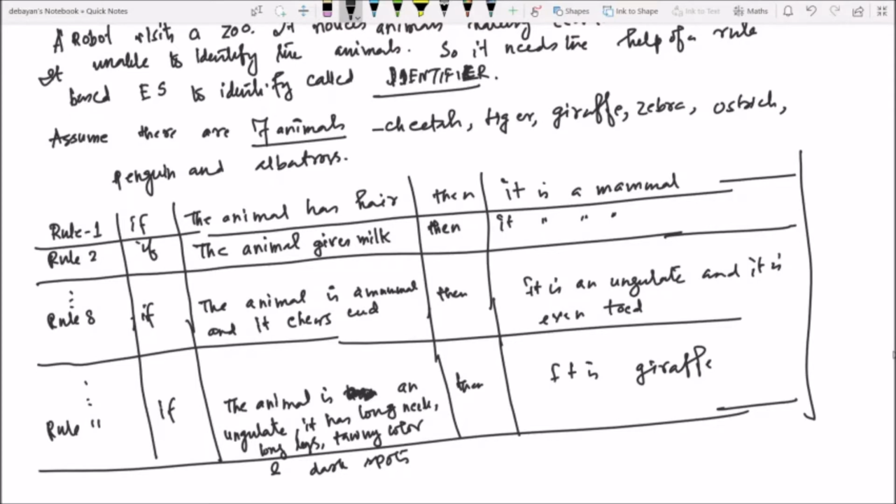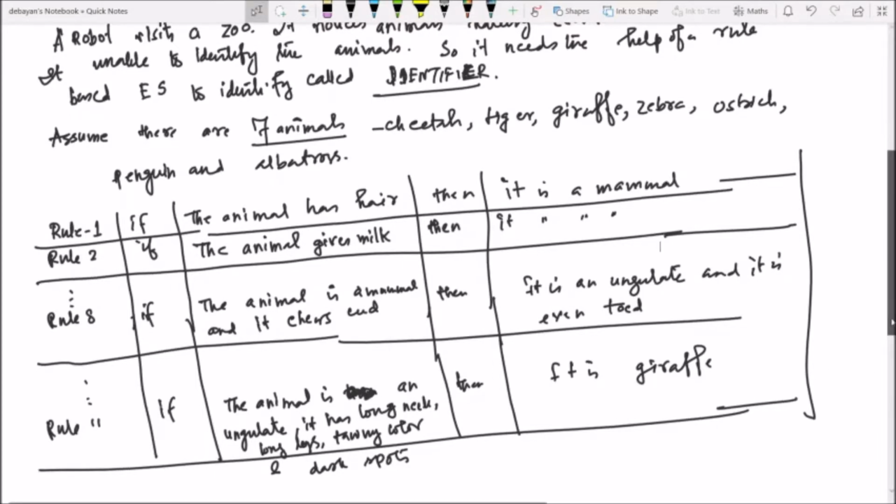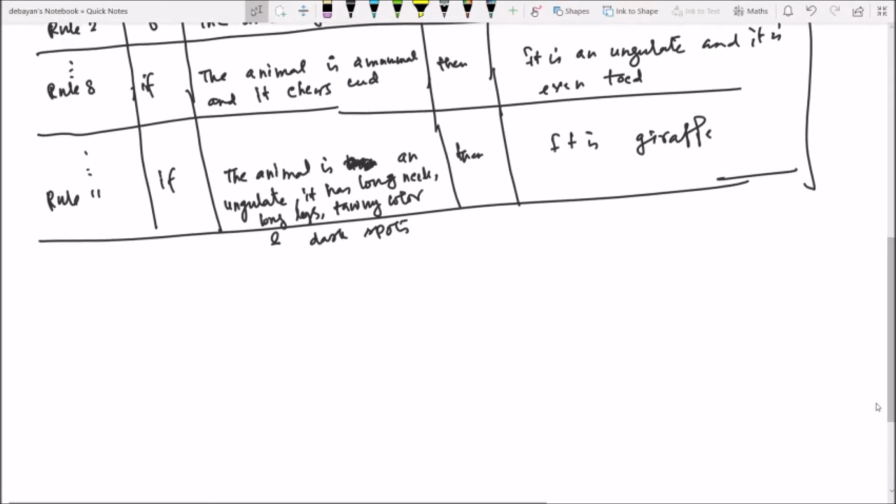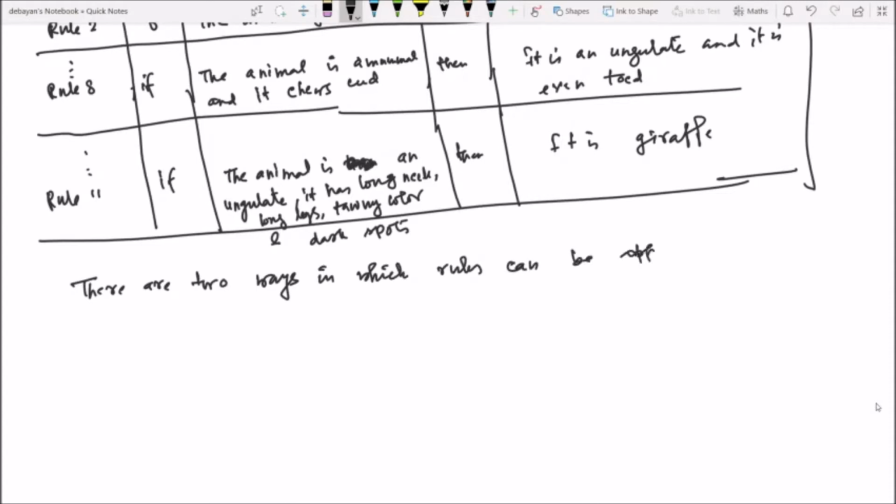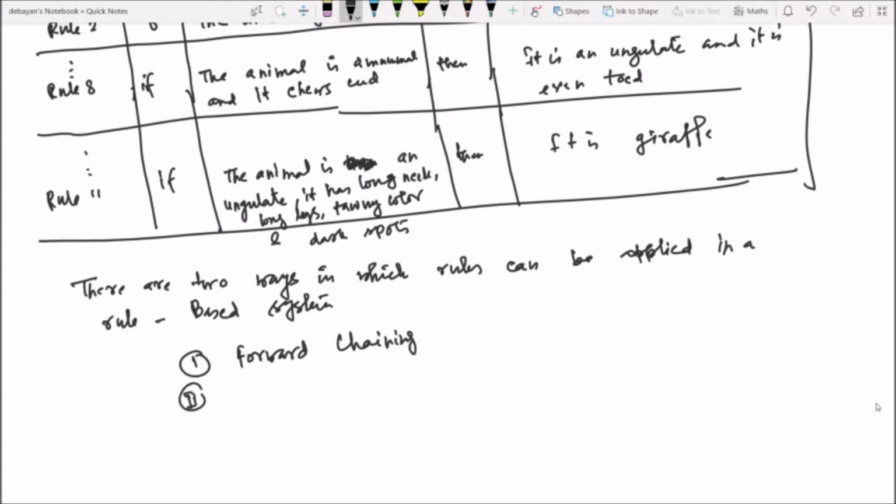One is known as forward chaining and the other is called backward chaining.